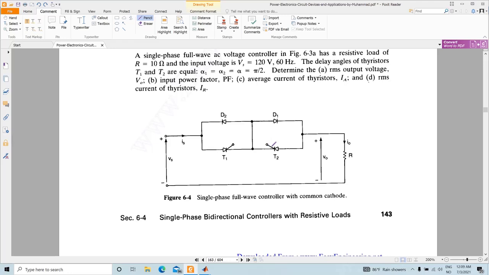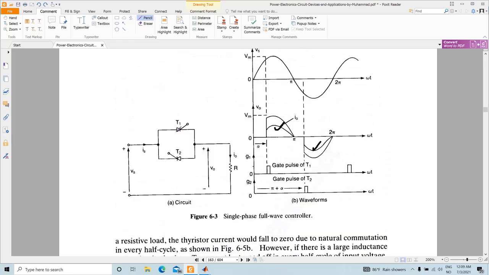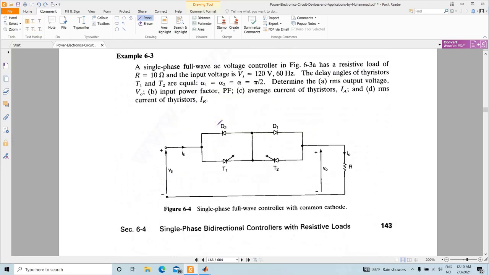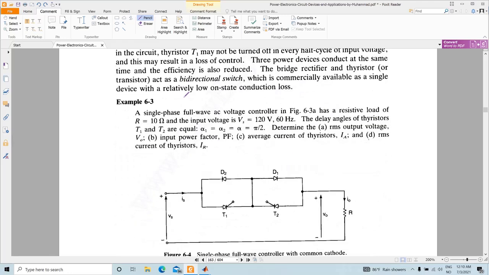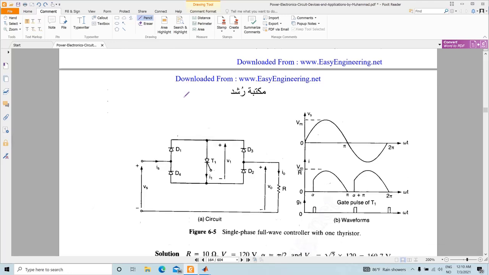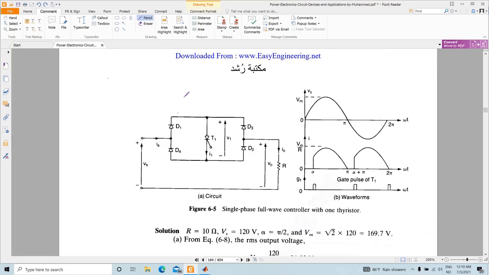Previously, the current was only flowing through thyristors, so the losses were coming only from the thyristors, but now they will come from the thyristors as well as diodes. So the efficiency of this circuit will be lower than the efficiency of this particular arrangement.